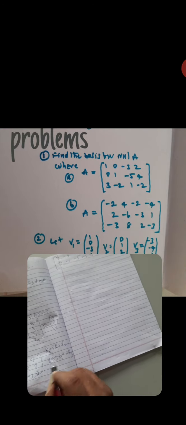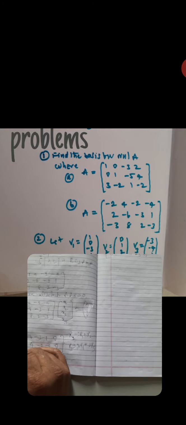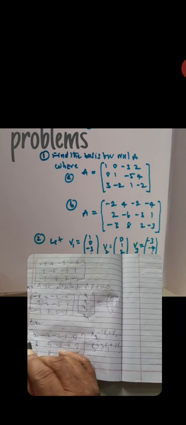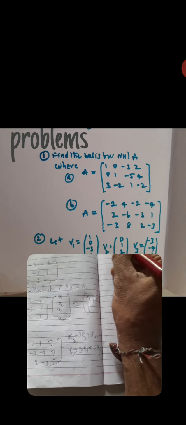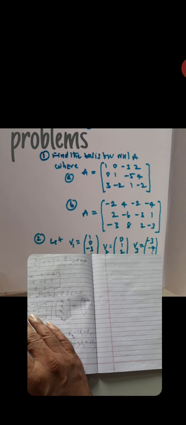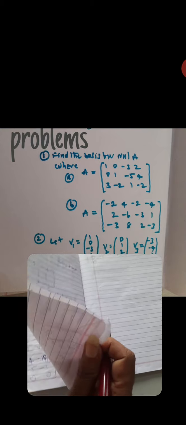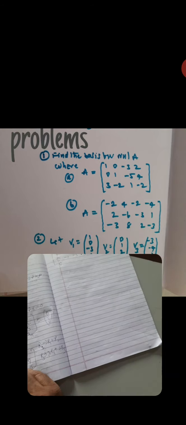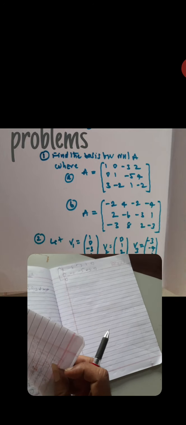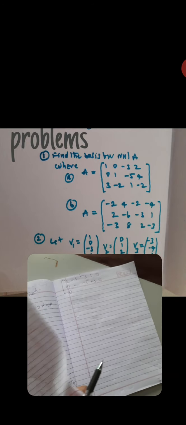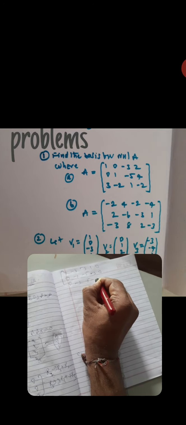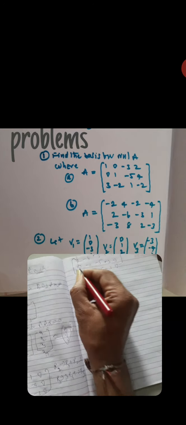Again according to this, here 3R1, 3 is multiplied above, 2 is multiplied below. 3 2s are 6, 3 2s are 6, 0. You write 2, minus 2, minus 5, minus 3, 0, and here 0, minus 2, minus 5, minus 3, 0, same you get here.